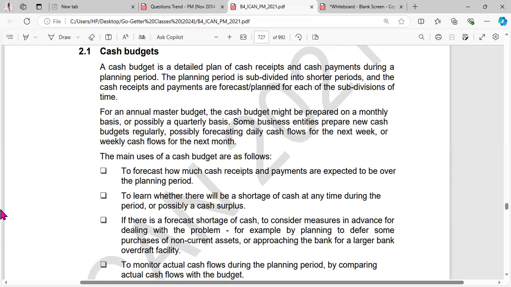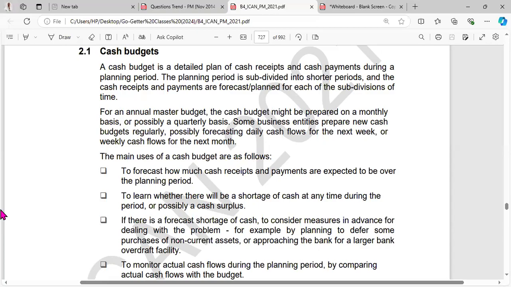What are the main uses of a cash budget? To forecast how much cash receipts and payments are expected over the planning period, and to learn whether there will be a shortage of cash at any time during the period. And so when there is going to be a shortage of cash, what should you do? You will need to bring in cash.